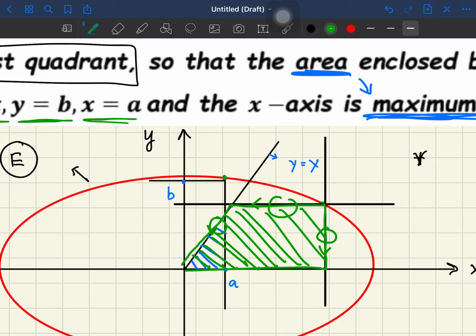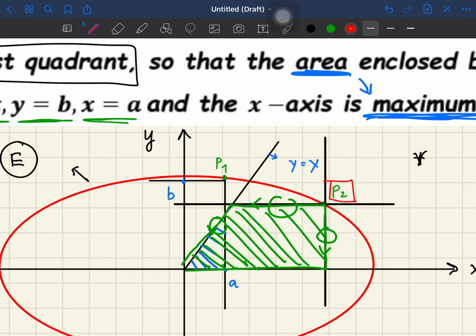One point is on the right hand side of y equals x, and the other point is on the left hand side of y equals x. You must choose carefully between this point and this point. Obviously P2, which is this one, gives a larger area than P1.